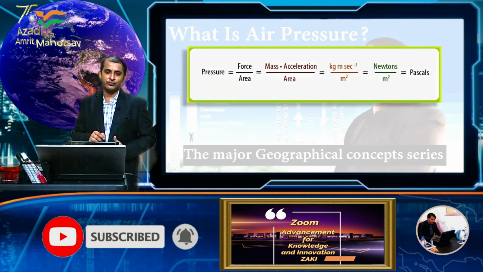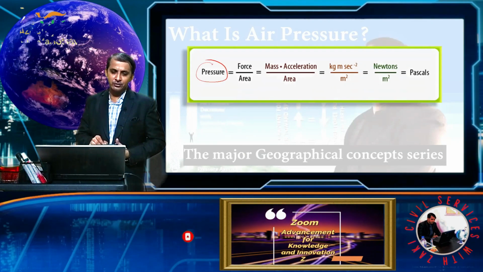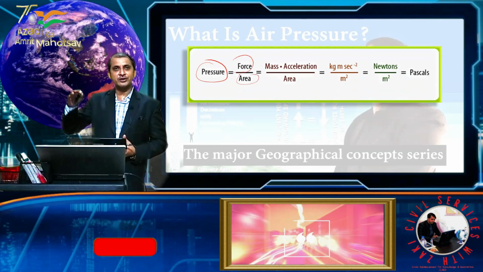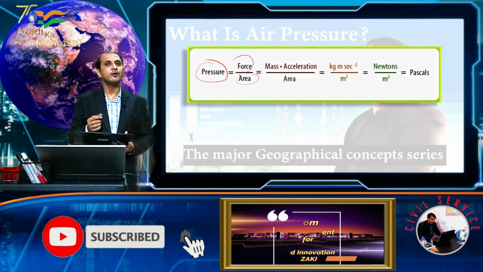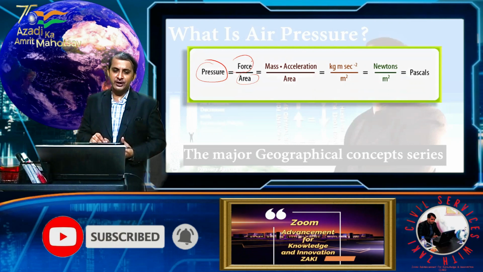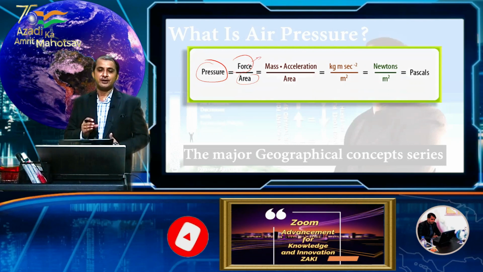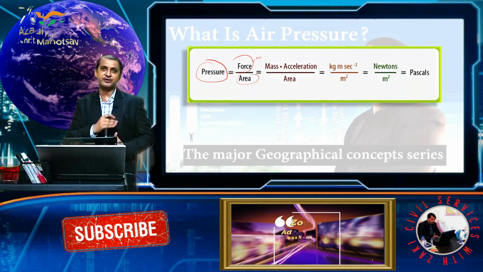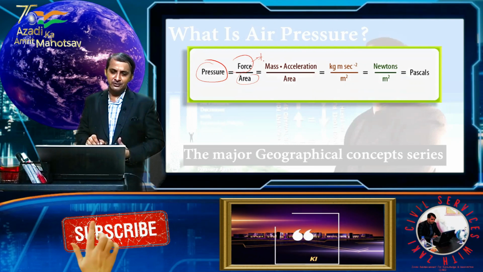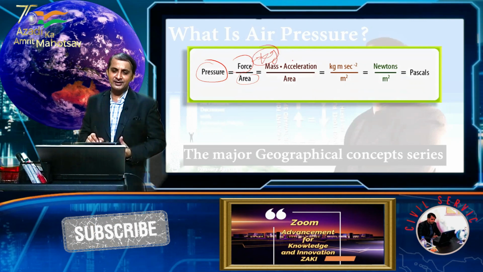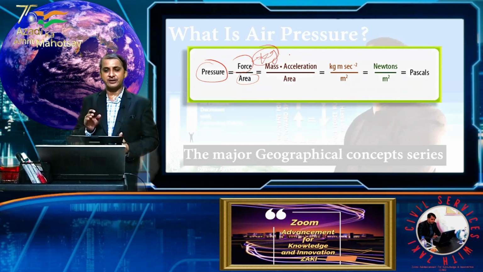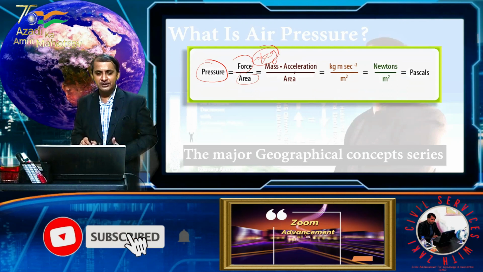If we apply a force, pressure is equal to force per area. Force exerted on a certain area is called pressure. So what is force? According to Newton, force is the product of mass and acceleration. Mass is in kg, acceleration is in meter per second squared, and area is in meter square.